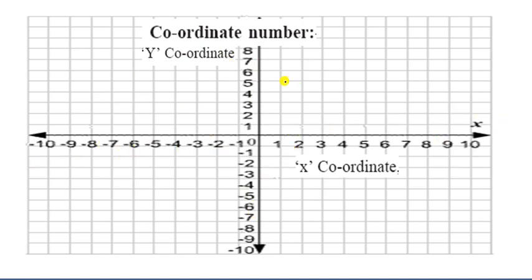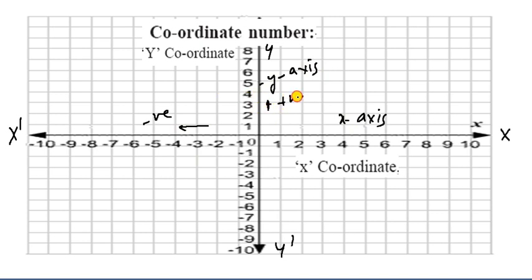Let us see what the coordinate numbers are. These numbers, which are used to represent points on the graph paper on the x-axis and y-axis, are called coordinate numbers. This one is the y coordinate, with y dash, and this one is the x coordinate, with x dash. It is also called the x-axis and the y-axis.